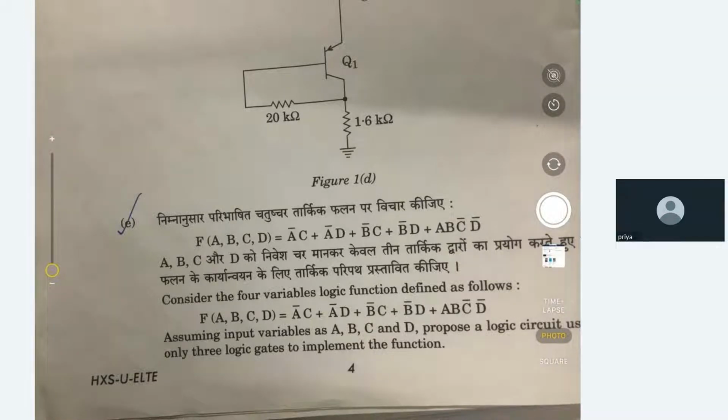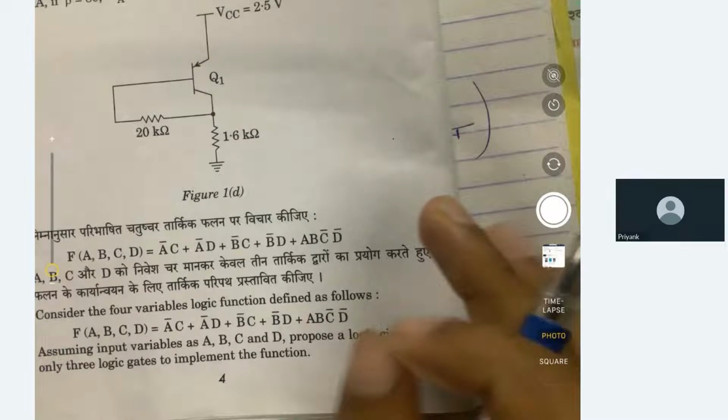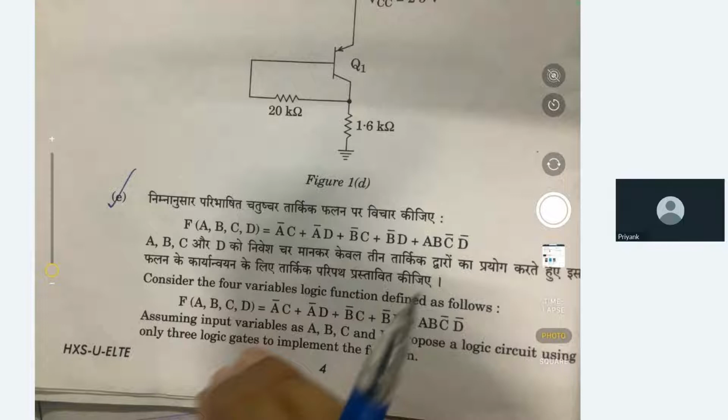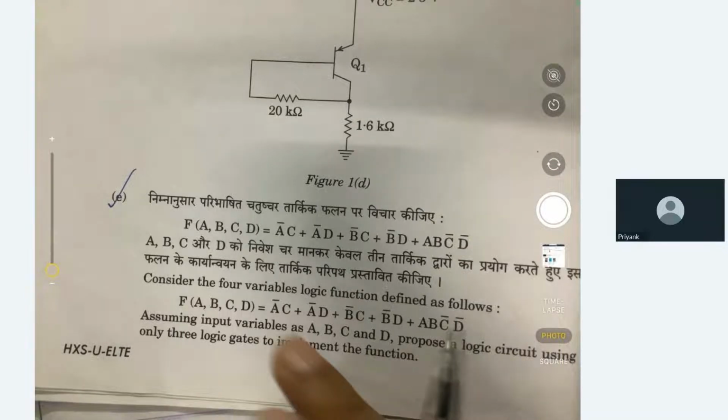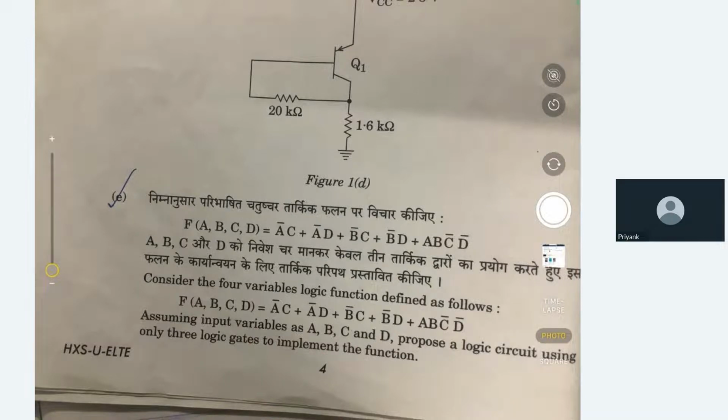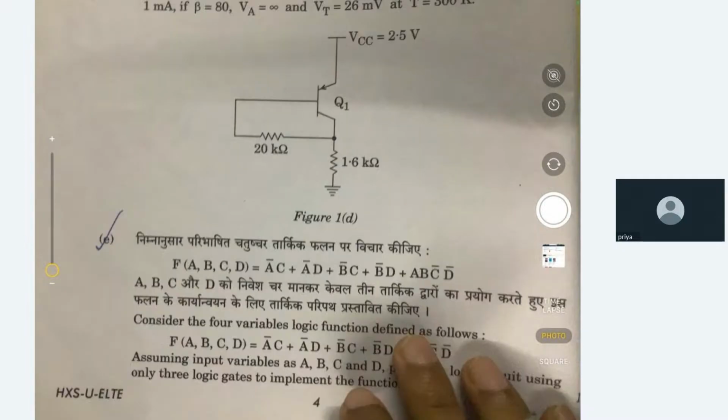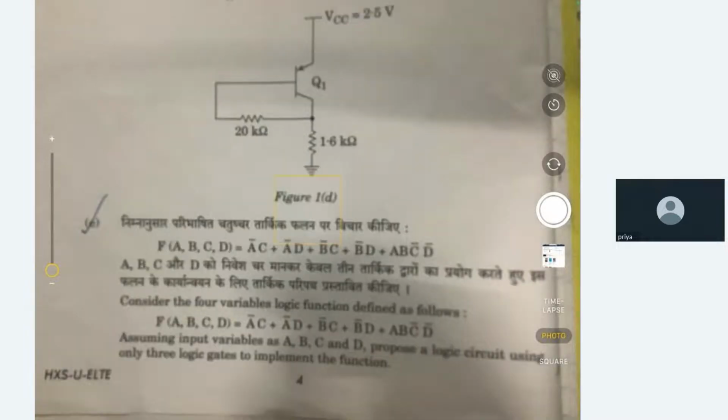Actually, such questions come every year. In 2017 also some similar questions came, and I have a tendency to solve such questions through K-map, but generally these questions do not get solved by K-map. Because they limited the gates, it became complicated. Otherwise, it was a simple question.